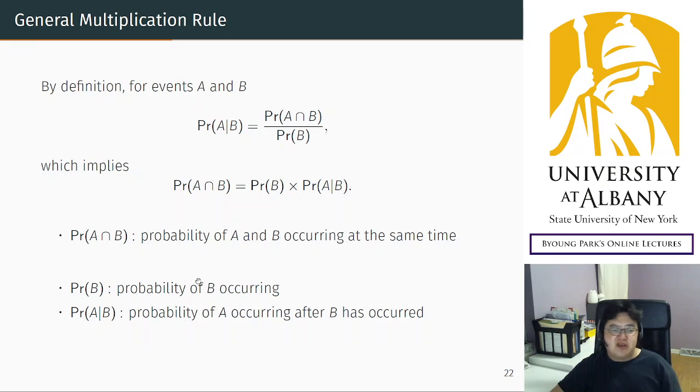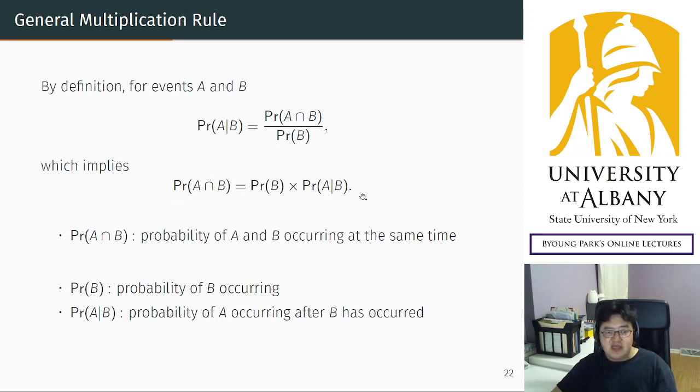But alternatively, you may throw the coin first, and if the outcome is what you are looking for, then throw the dice. So conditional on the first event, you are checking the second one. That is the sequential interpretation, a hypothetical sequential experiment, and the simultaneous experiment is another way to understand the formula.